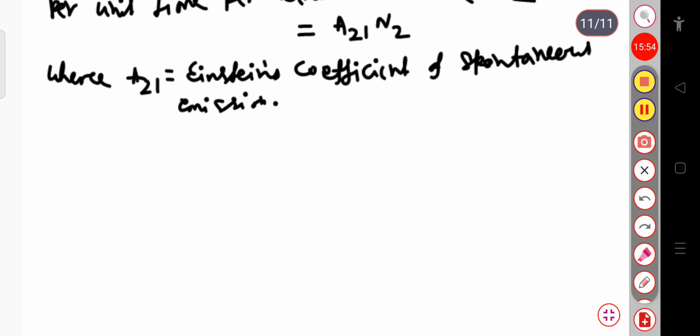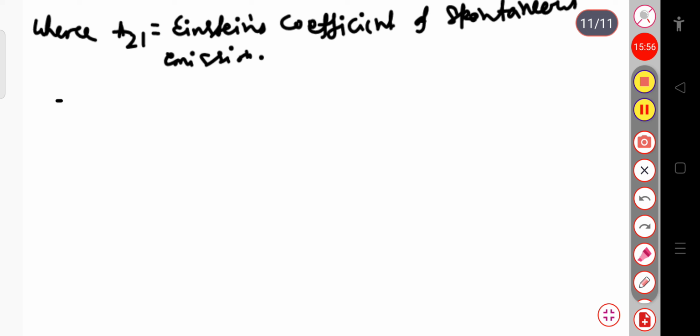Okay, now we will discuss the stimulated emission. So the next point is the stimulated emission rate.